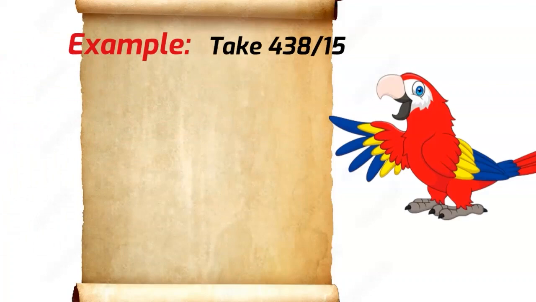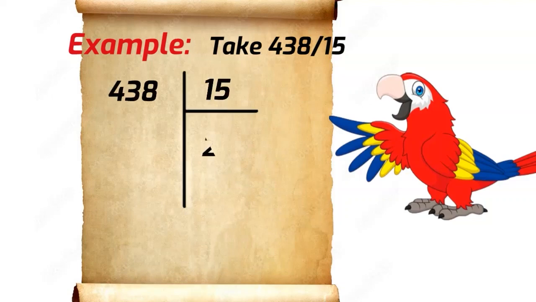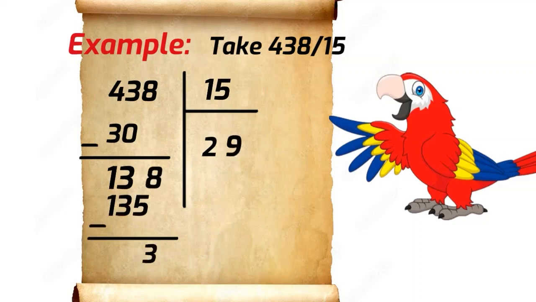Take 438 fifteenths. As you see, the top number, our numerator, is greater than the bottom number, our denominator. And there is no whole part of this fraction, there is only the fractional part. So, this is an improper fraction. Let's convert it into a mixed fraction. For that, we need to divide 438 by 15.